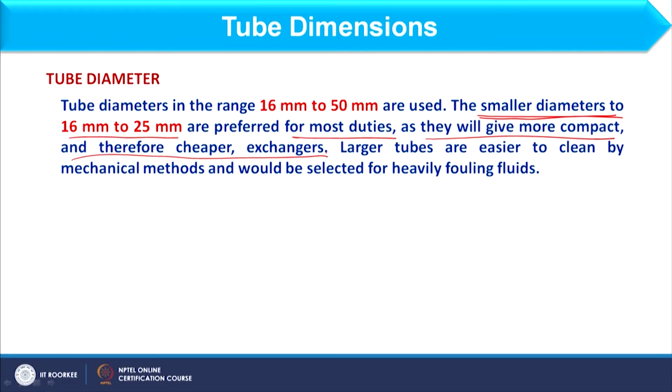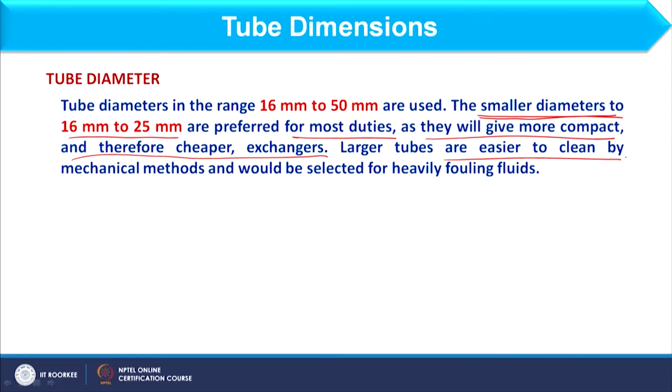Okay. Now, if I ask you what is the parameter which enhances the cost of a shell and tube heat exchanger, that parameter is the diameter of the shell. So if I am using a smaller diameter tube, it will give a more compact heat exchanger, it means it will give a lesser diameter shell, it means it gives a cheaper exchanger, fine.